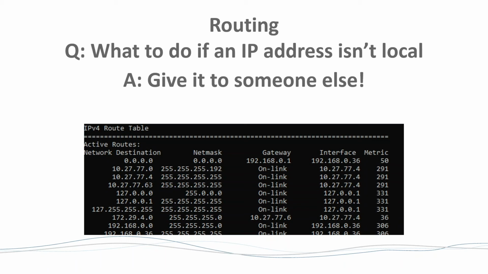Okay? So, if I'm trying to get to, let's see, what's the network I want to get to? If I want to get to this network right here, 172.29.4, right? I have this interface on my machine. That's not the same network. And I have this interface on my machine. Let's see, yeah. This one here, 10.27.77.